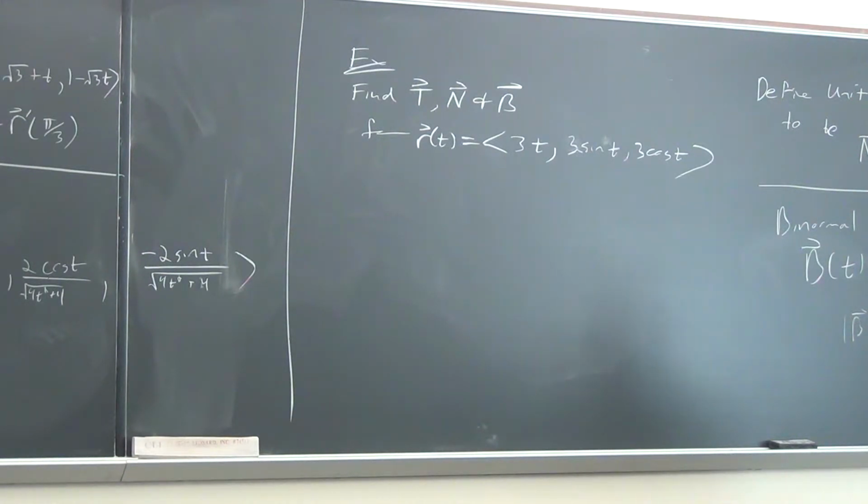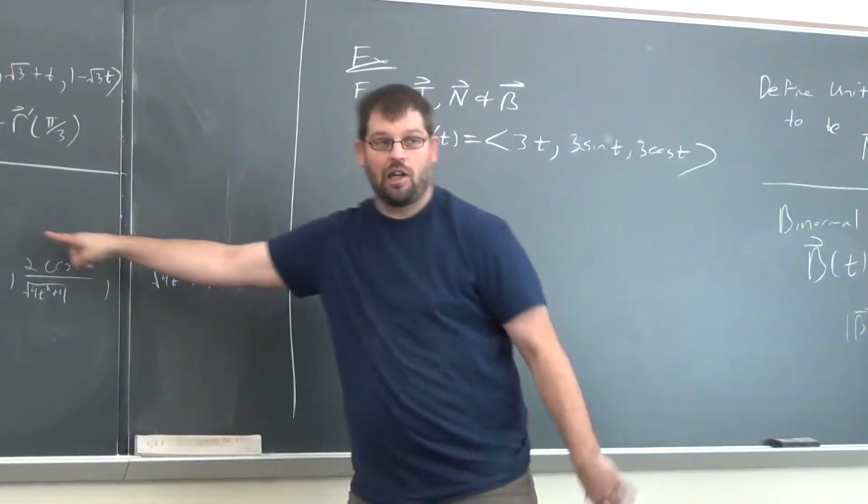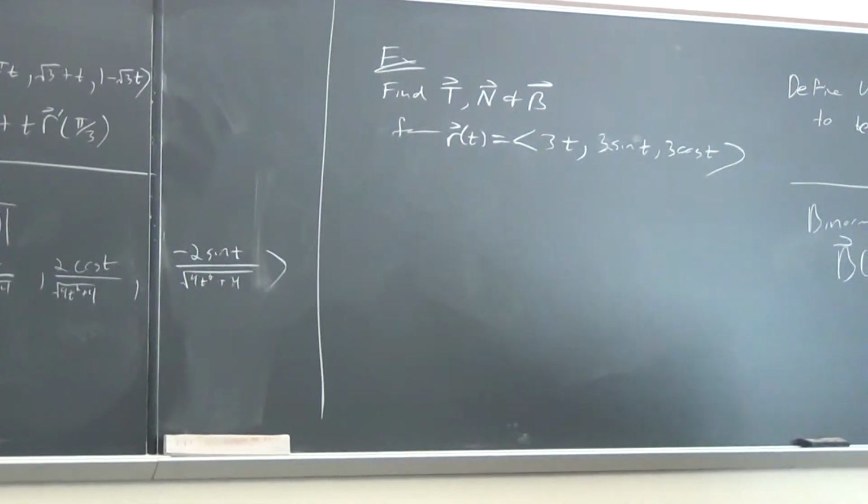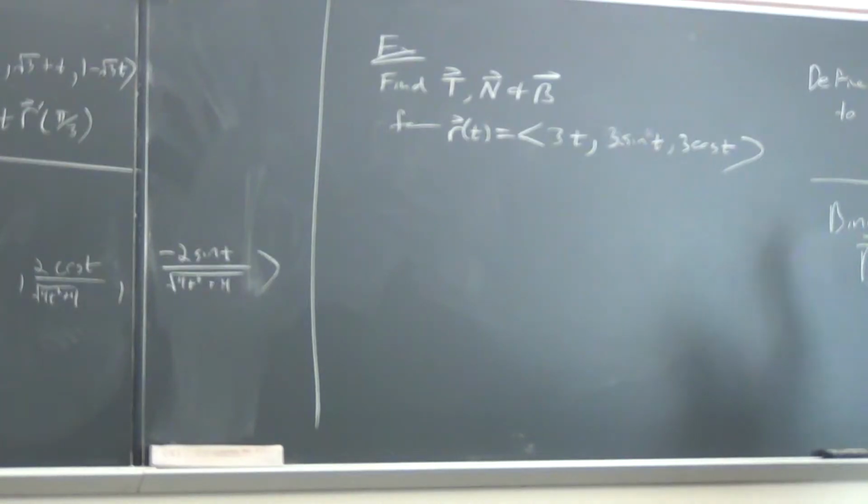It should be pretty quick. I'll give it a couple minutes to try that. Do we have to use the same t? No, so generic, like we did here, right, with an arbitrary t. So no, don't do it at a fixed value. You can't find N or B for a fixed value because you need to find the generic T, or capital T, in order to take its derivative.